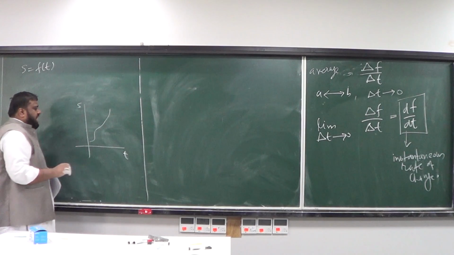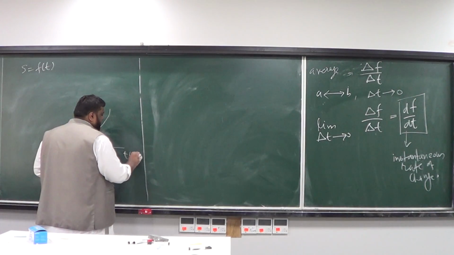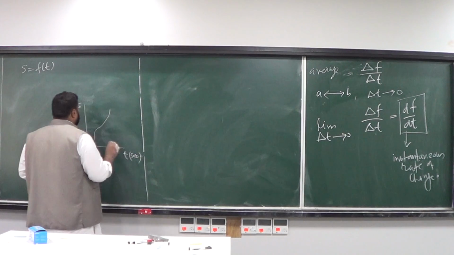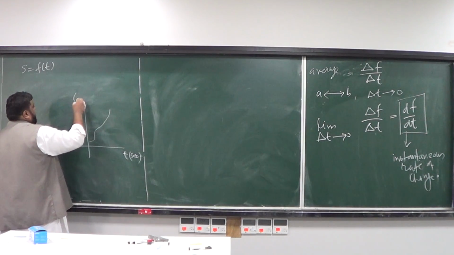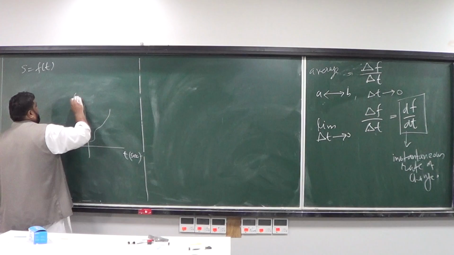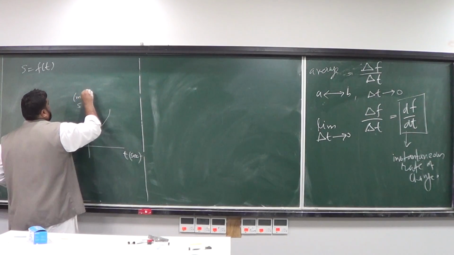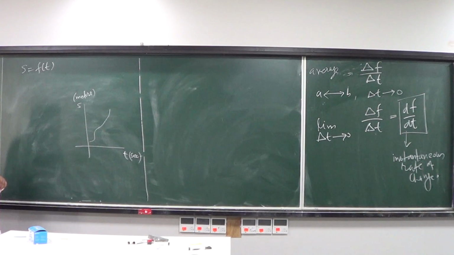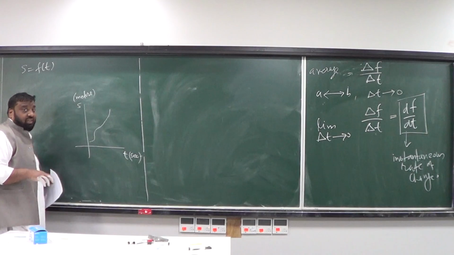Say imagine this time is in seconds, and this distance or the displacement is in meters. So the particle is covering the distance in meters, for example. Particle or object.